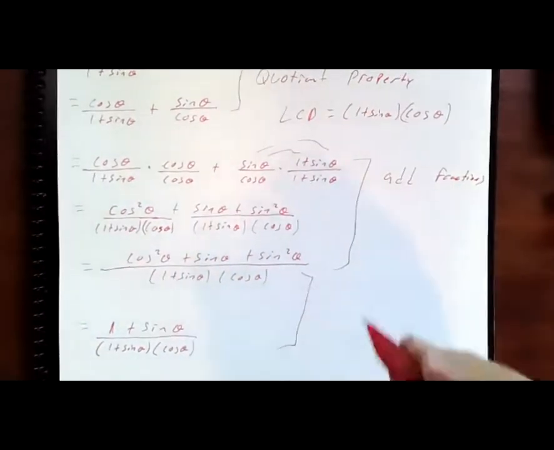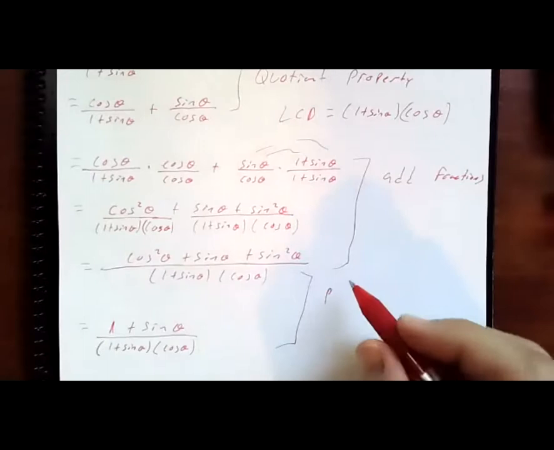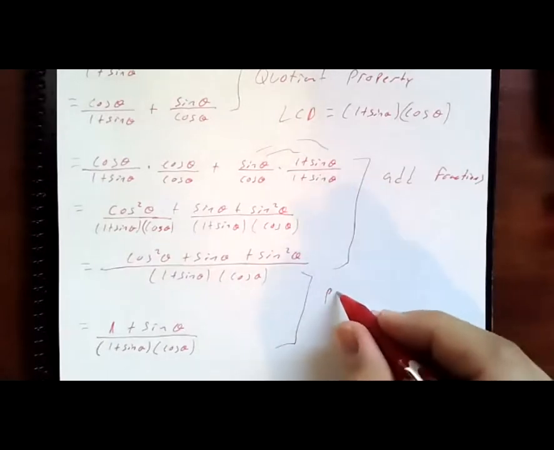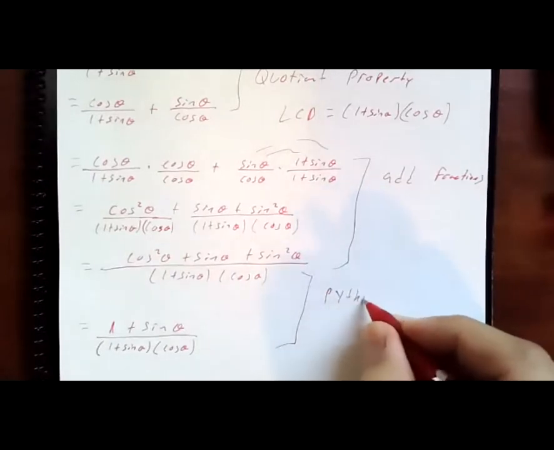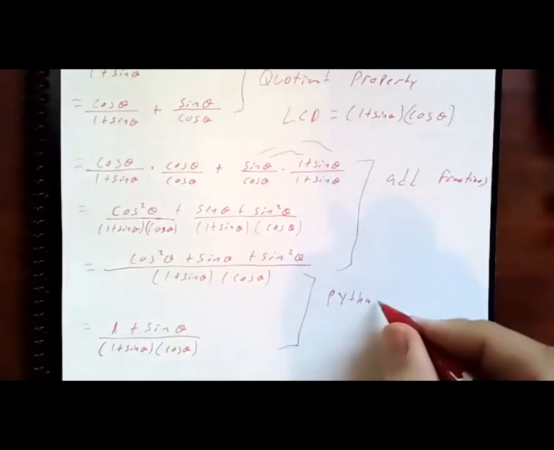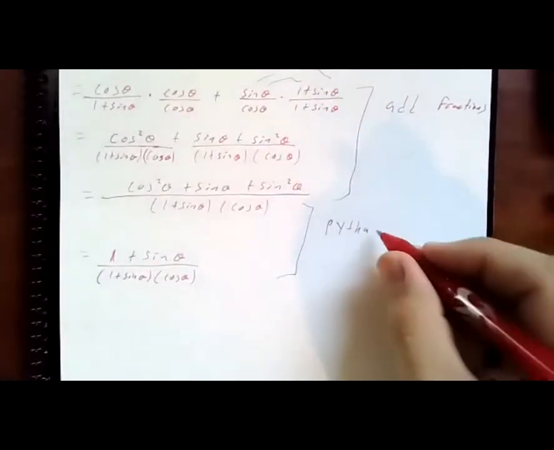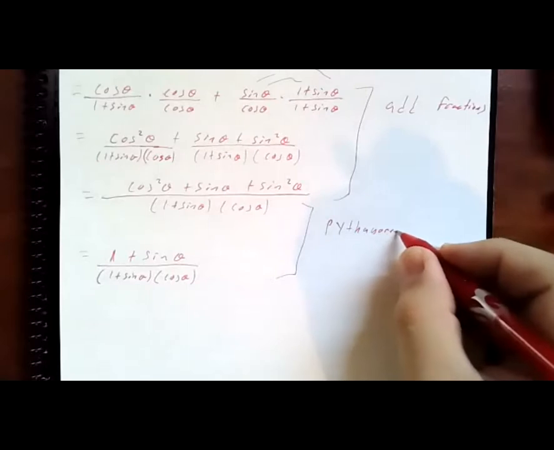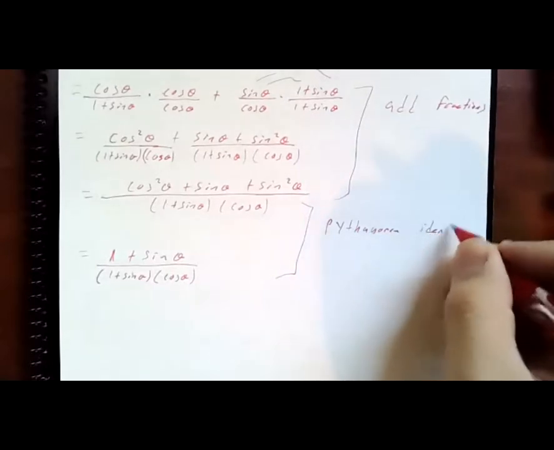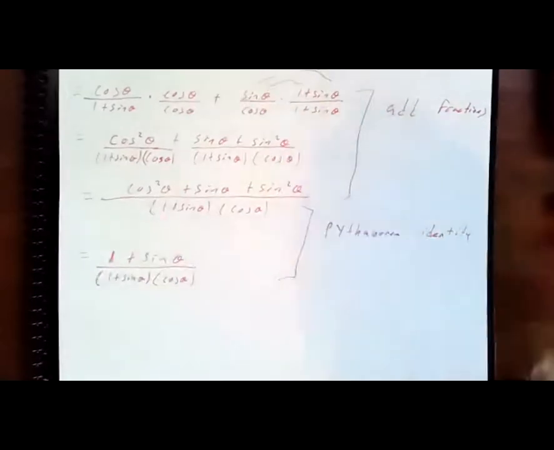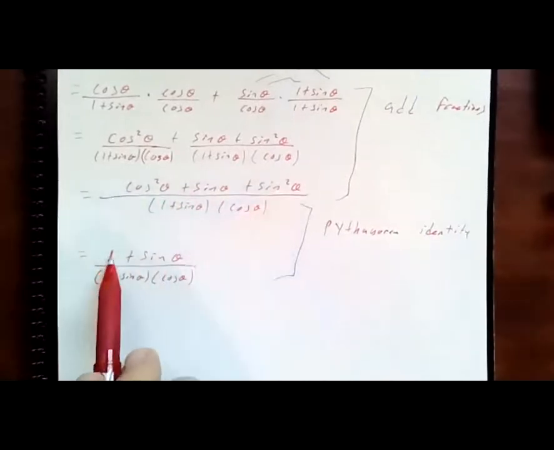So from here to here, we did Pythagorean identity. Because cosine squared plus sine squared is 1.